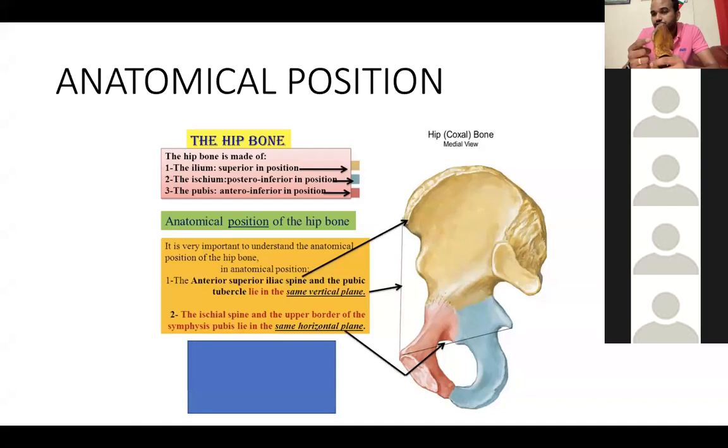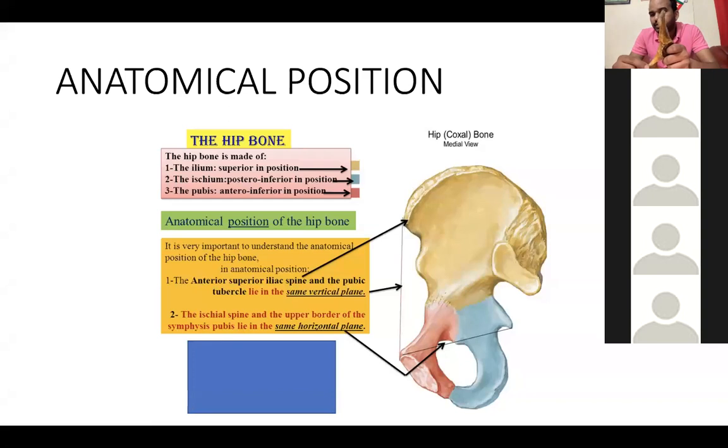Then the pubic tubercle: this is the pubis bone, this is the superior ramus of the pubis. Exactly at the body of the pubis, you are seeing a tubercle. This is called the pubic tubercle.